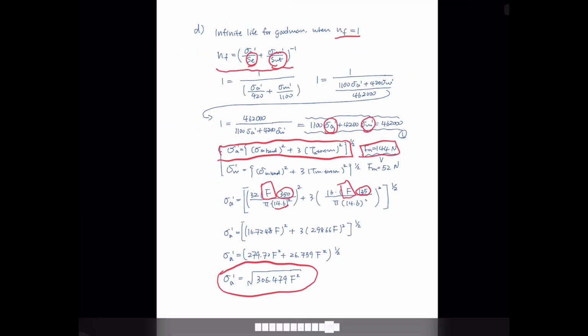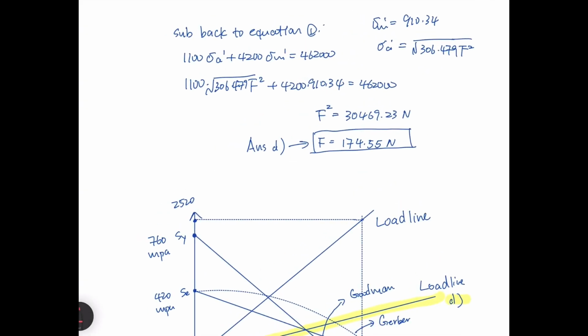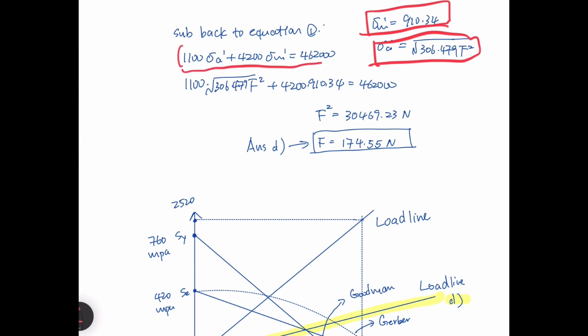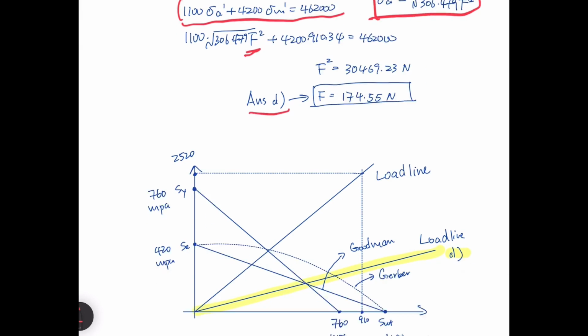And then we plug this in, and the stress M is not changing, back into the equation right here. So in this case, the F is the only variable in this equation, and after the calculation, we have that F square equals 30469.23, and then F equals 174.5 newtons, and that's the answer for D.